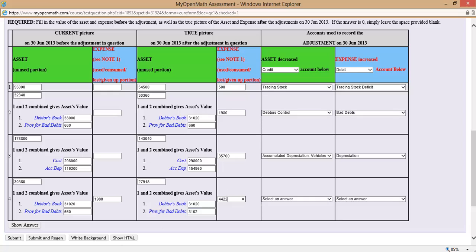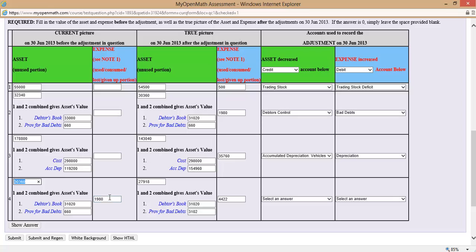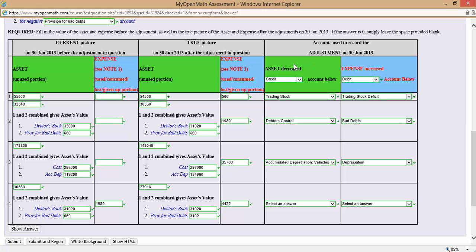So we can fill this in here, 4422. To check if you've done this correctly, you can see if the total value of the asset and the expense before is equal to the total value of the asset and the expense afterwards. I'm not going to do that now. So the asset account should be decreased.